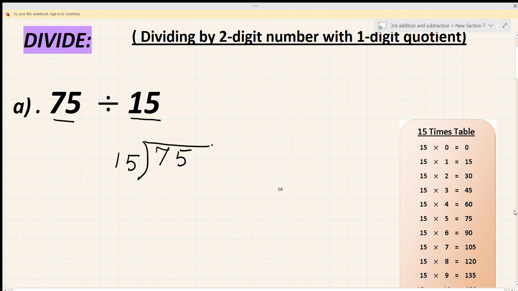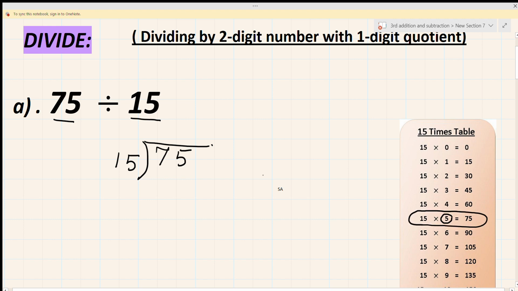Look at the 15th table children. Here we have 75. So look into the table whether you have 75 or below the number. 15 5s are 75. We have the exact number. In the 5th time we are getting 75.